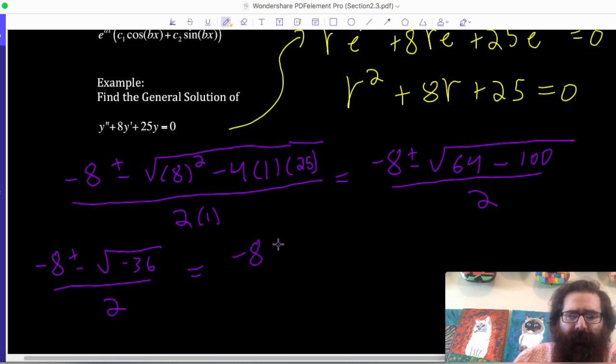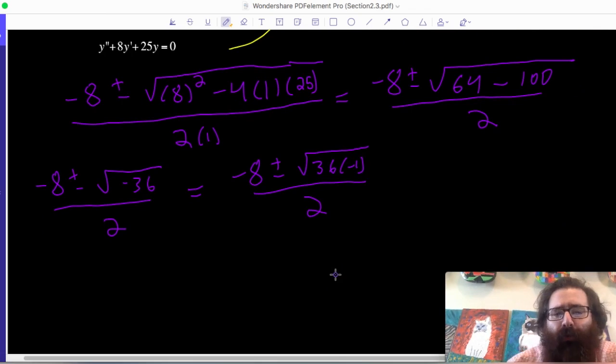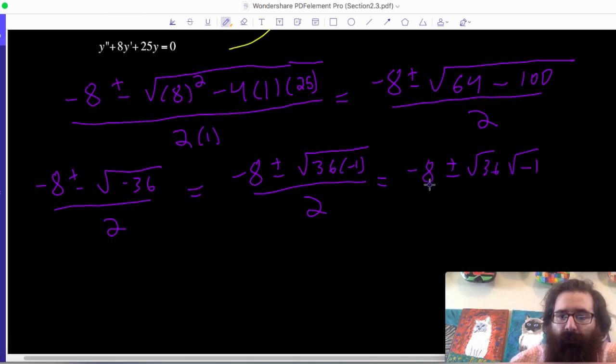And we get negative 8 plus or minus the square root of, now for negative 36, I want to try to break this up. I want to say, well, this is going to give me a 36 times a negative 1, all over 2. And I can use the product property of the radical to say this is negative 8 plus or minus square root of 36 times square root of negative 1, all over 2.